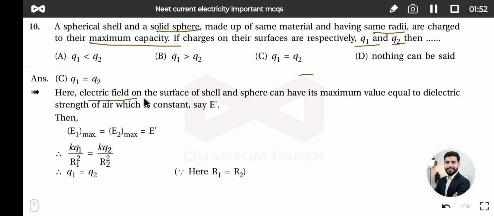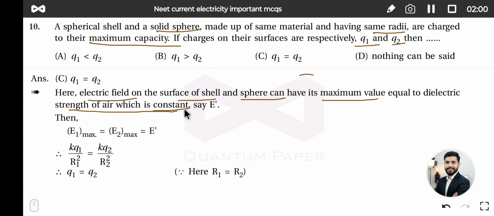The electric field on the surface of the shell and sphere can have a maximum value equal to the dielectric strength of air, which is constant. Okay, both the spheres are charged with maximum capacity. So the electric field on the first sphere, let's say, is E1 maximum, and on the second sphere it is maximum, and both are equal to, let's say, E dash.